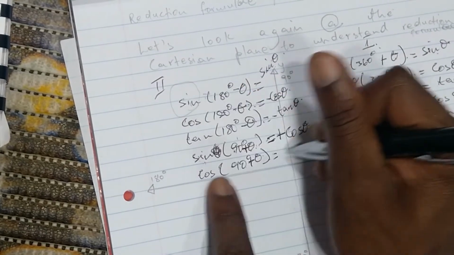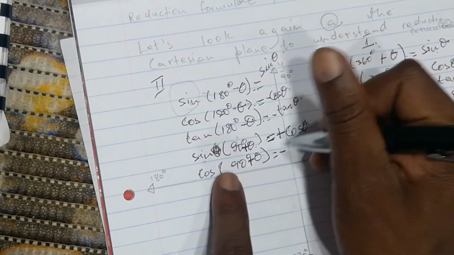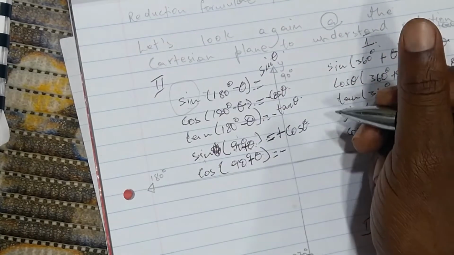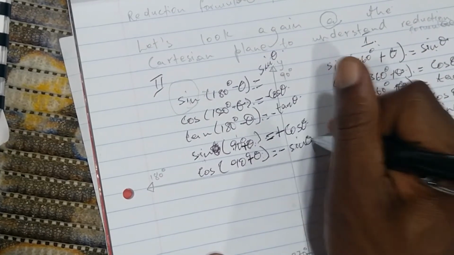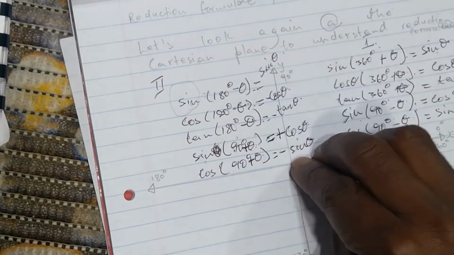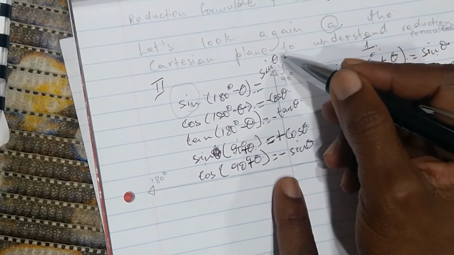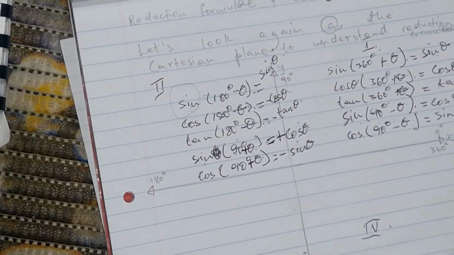It is negative. And what does 90 degrees do to cos? It takes away the co, and then this becomes sine theta. So that's how these reduce, such that it's only these two that are positive in that quadrant.